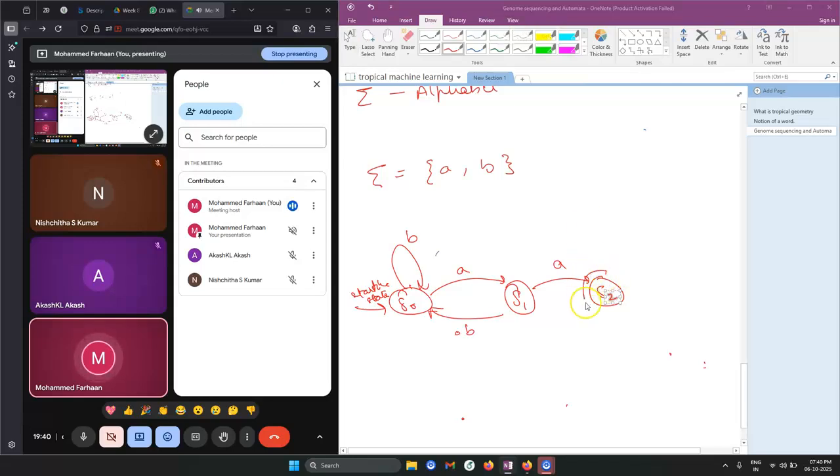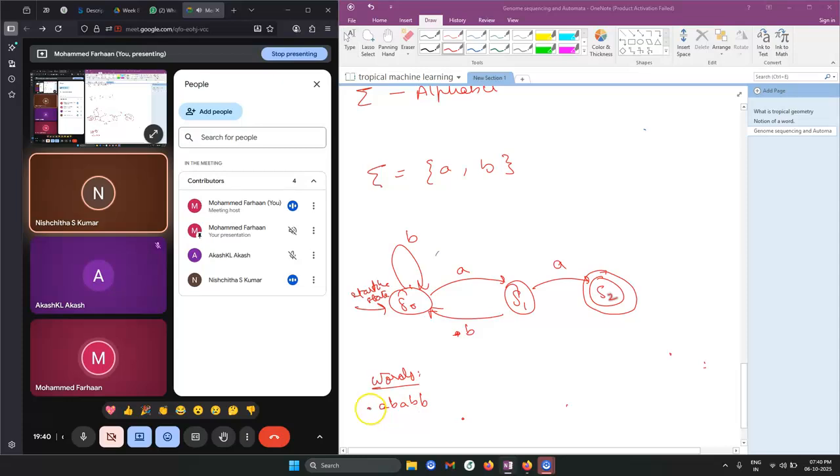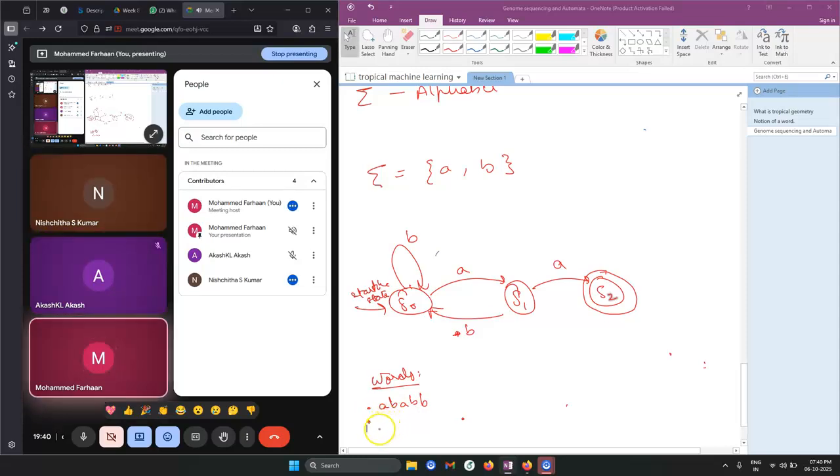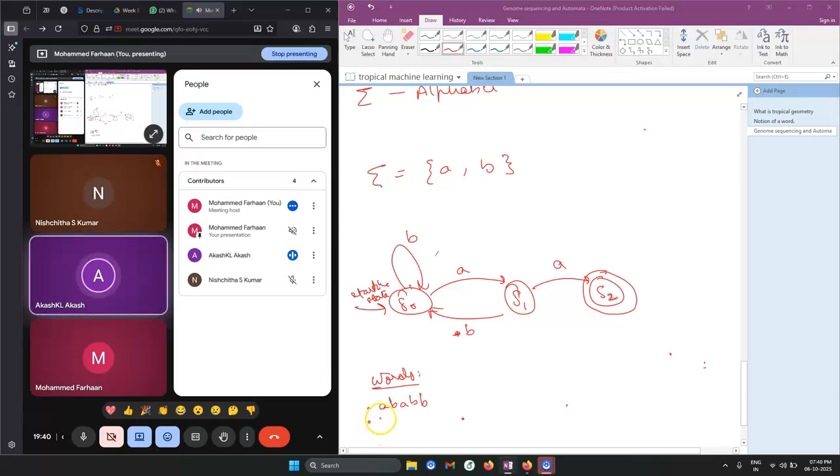In this example, S2 is our accept state. And go ahead, now give me your words. A, B, A, B, B. A, B, B. Next. Is accepted. Okay, A, B, B is accepted or rejected? We're going to test that now, no?